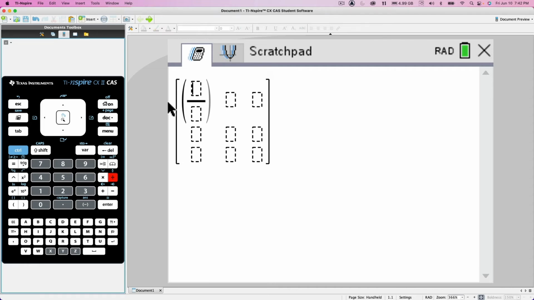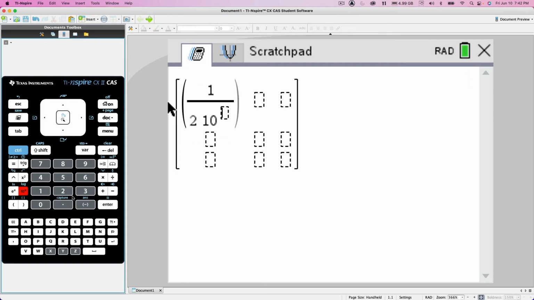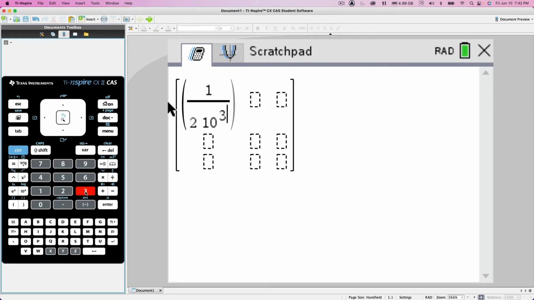And you'll enter in 1, tab, 2, and for 2k you can hit 10 raised to the 3rd power. You don't have to hit 2 multiplied by 10 to the 3rd power. The calculator knows you want to multiply that number by 10 raised to whatever power you put in. And this time it's 10 to the 3rd, which of course means 2k, 2000.